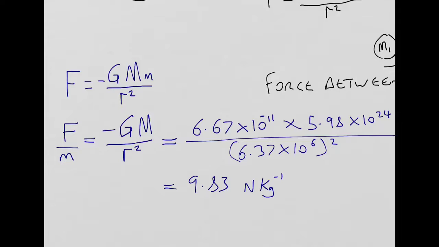Technically, obviously, we know at sea level we've got a value of 9.81 that we use, but this is the mean radius and there's a little bit of error in here. 9.83 is perfectly acceptable. So we can see that Newton's law of gravitation is actually what gives us our value of 9.81, or in this case 9.83 newtons per kilogram at the surface of Earth.